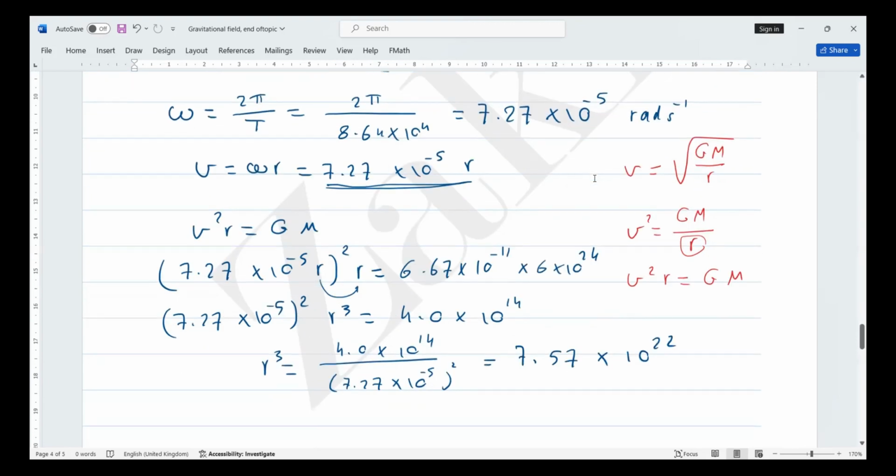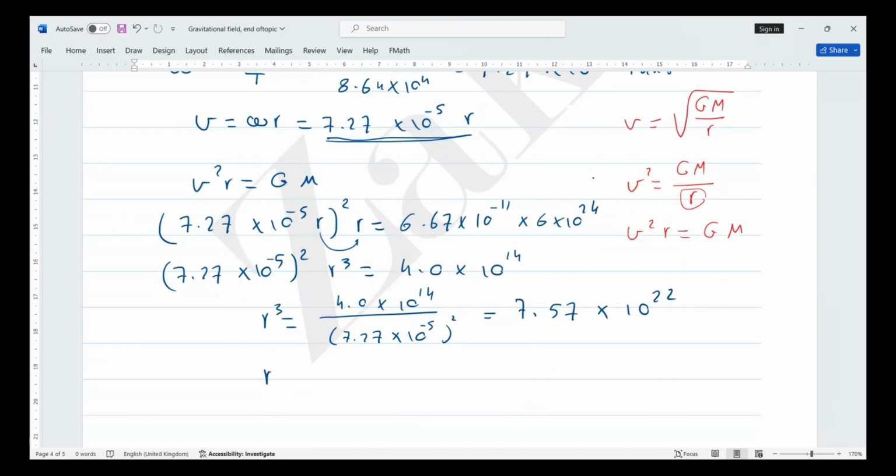We take cubic root of both sides. So R equals the cubic root of the answer, 7.57 times 10 power 22. So the cubic root of this answer is 4.23 multiply 10 to the power 7 meter. Now we can calculate the height.